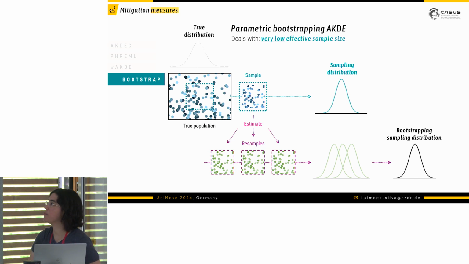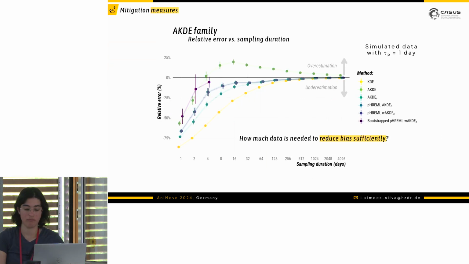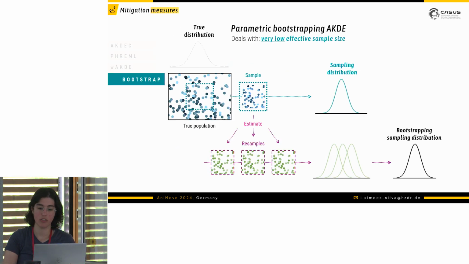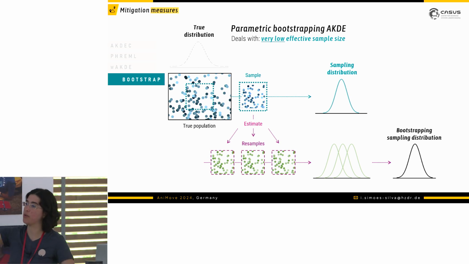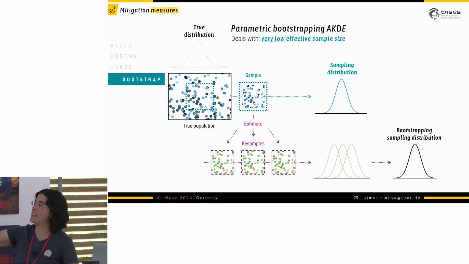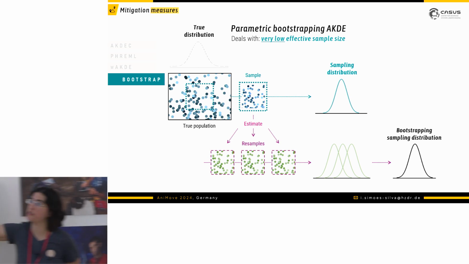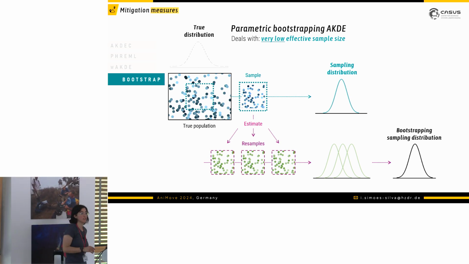But yeah, the idea with bootstrapping is pretty simple. You're just sampling from the data, and obviously you have your sampling distribution, but you can keep resampling over and over again until you get a bootstrapped sampling distribution that approximates the true distribution a little bit better.